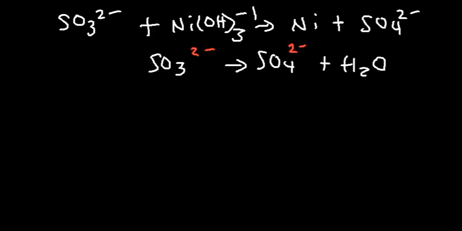Now the question is, how many H2O molecules should we have? Because we already have some oxygen atoms on the left side. So think about this. Feel free to pause the video and figure out how many oxygen atoms do we need on the other side. It turns out that we only need one water molecule.